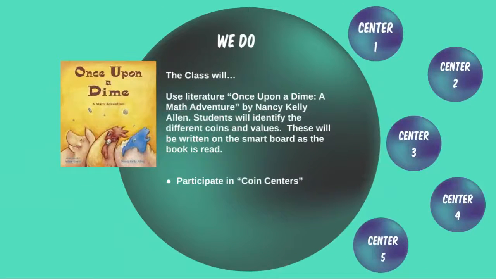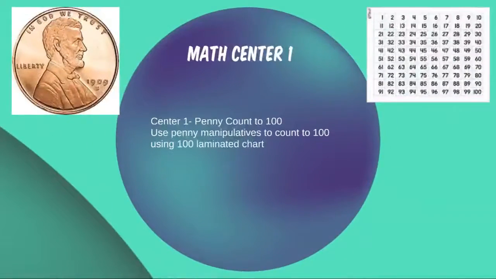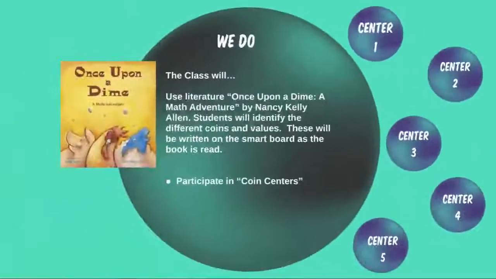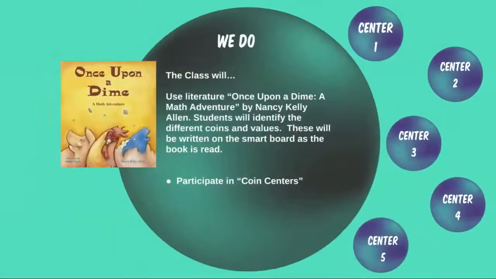We do as a class, we will read Once Upon a Dime. It's a math adventure. We'll also point out the main purpose of the story and the points that are valuable in our classroom. We're going to participate in coin centers. There are 5 of them. One is a penny count. Center 2 is a skip count by 5s to 100.